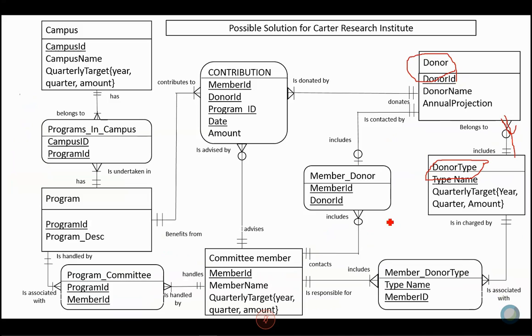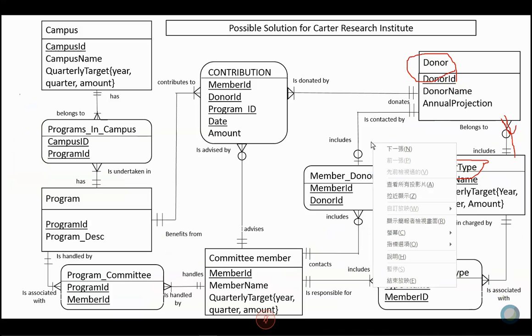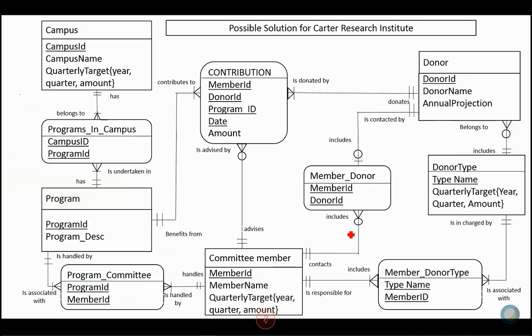And then another interesting relationship we want to point out is that a donor can be contacted by certain committee members. That's why we have these associate entities. Each donor can be contacted by multiple committee members, and each committee member can contact multiple donors.